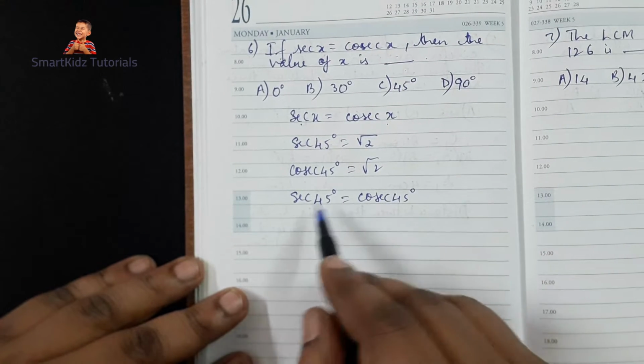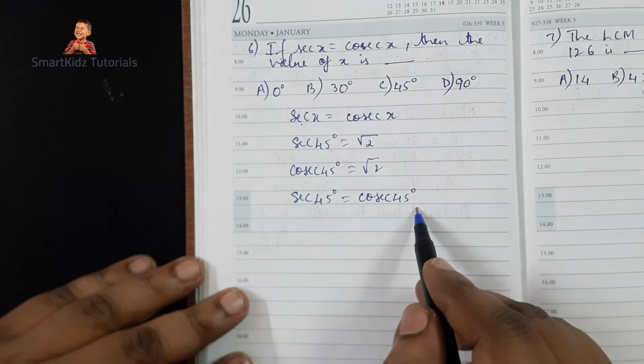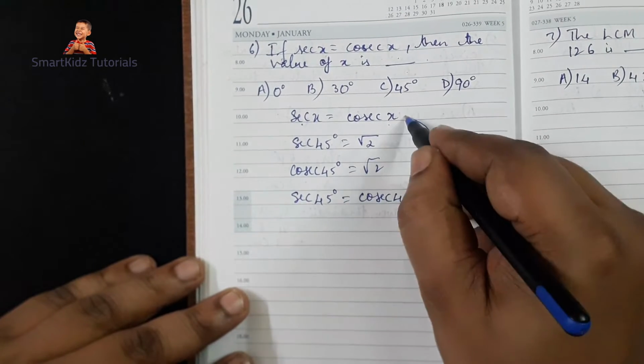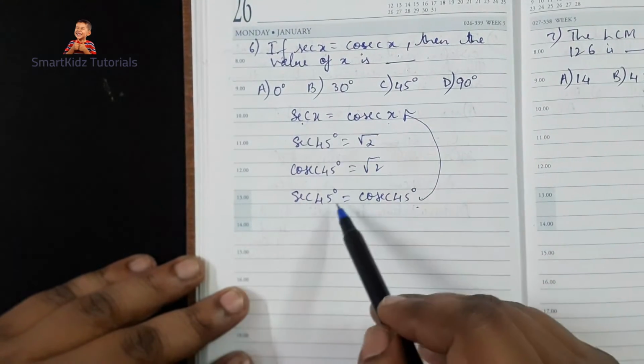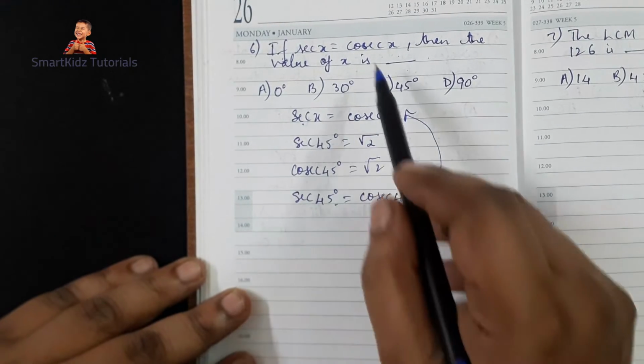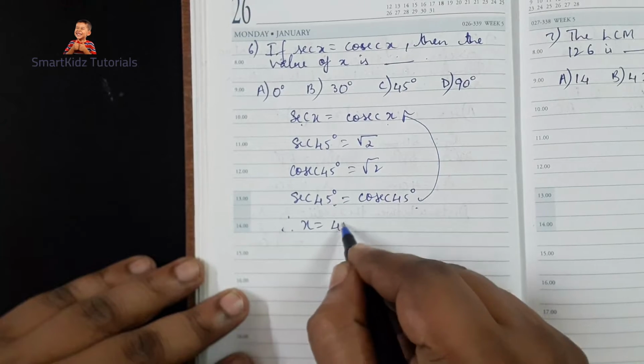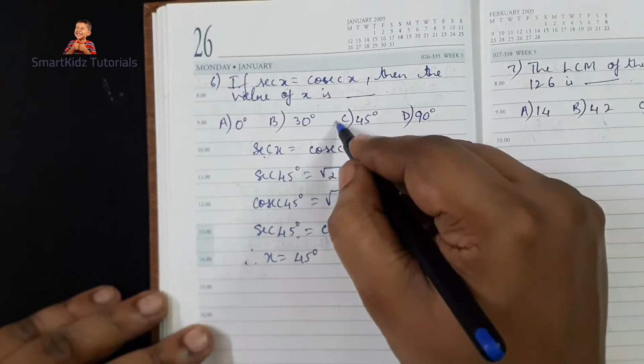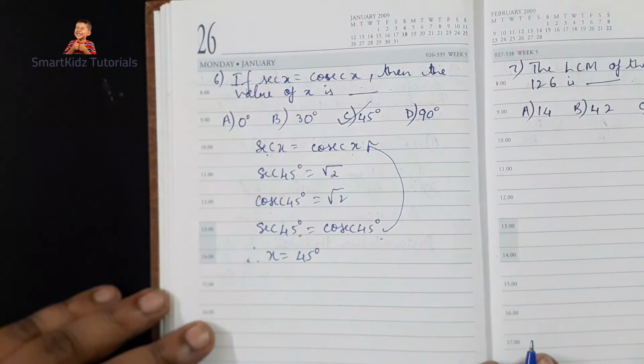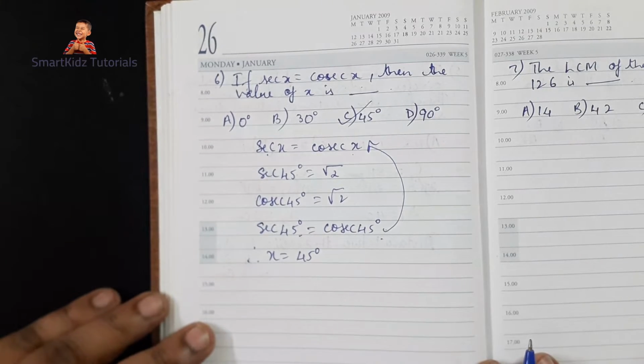So sec of 45 degrees is equal to cosec of 45. If we compare this to this, the x is replaced by 45. So the value of x is equal to 45 degrees, and the correct choice would be C, that is 45 degrees.